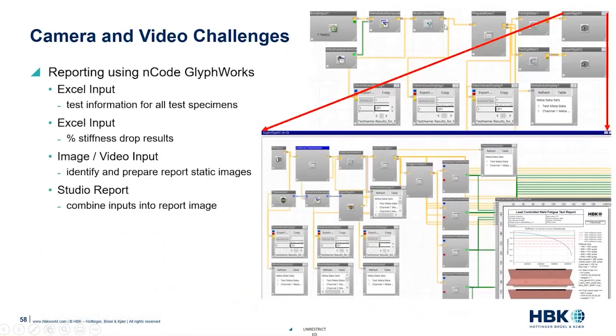To make the reports, again, that becomes a GlyphWorks process where we can put through the image and the video information and the stiffness information, and produce the reports for those.